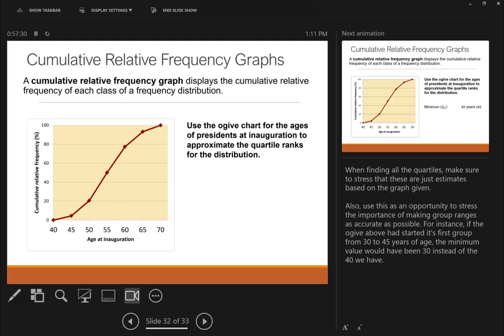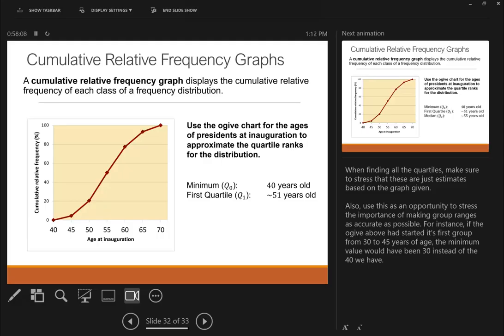So on the cumulative relative frequency graph, if I want the minimum, that's the 0th percentile, or also Q0. That was 40 years old. If I want the first quartile, that's 25%. So I find 25% here, trace over, trace down, about 51. If I want the median, that's 50%. Trace over, trace down, like 56-ish.